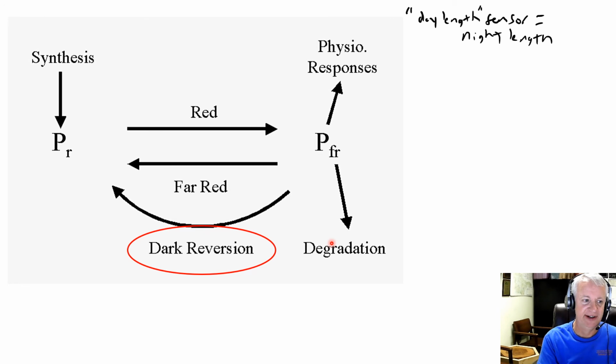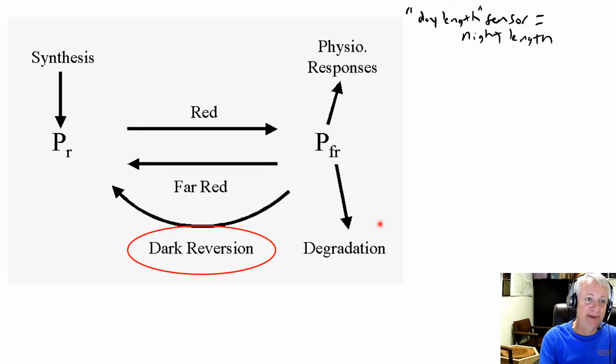Experimentalists determined that it was actually the length of the night and not the length of the day that was triggering these responses by basically, in the middle of the night, flashing for just a few seconds or maybe a minute white light on the plants. And when they do that, that basically disrupts this pathway and resets the equilibrium between the red and the far red.